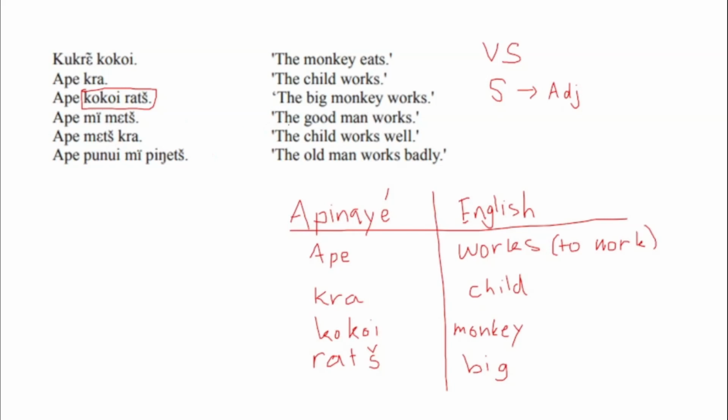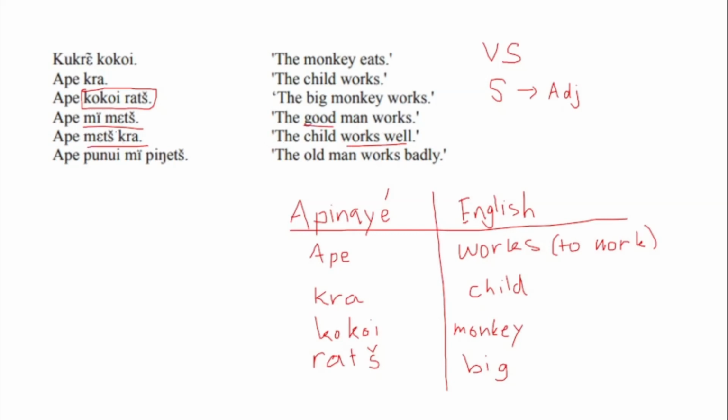Next we have the good man works. Ape mi mich, right? So the good man works. We know ape's works. Mi mich is the last part. Ape mich kra. The child works well. Works well, good. Well and good can be synonyms, and we know kra is child.